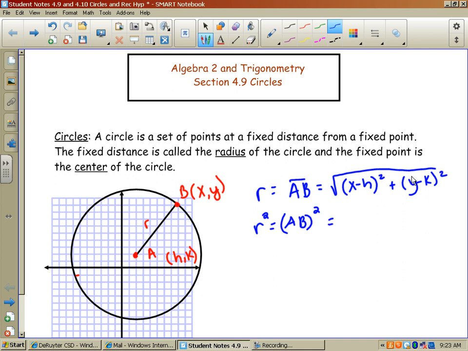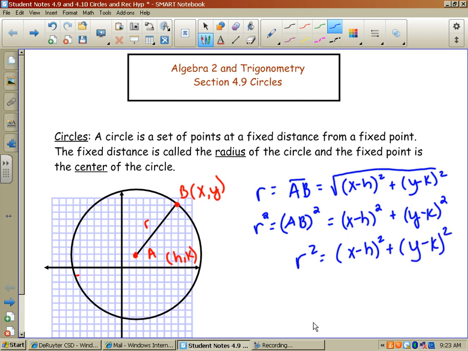And if we square this side, it just removes the square root. And just removing this AB out of the equation, we have R squared equals (X minus H) quantity squared, plus (Y minus K) quantity squared. And that's where your formula for a circle comes from.